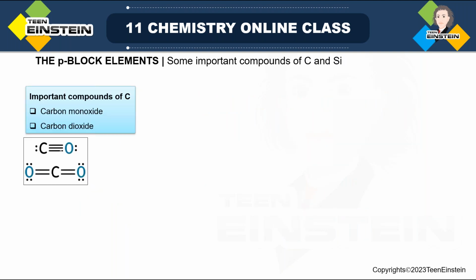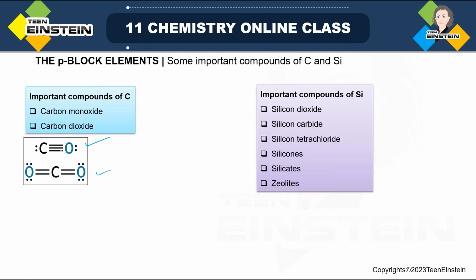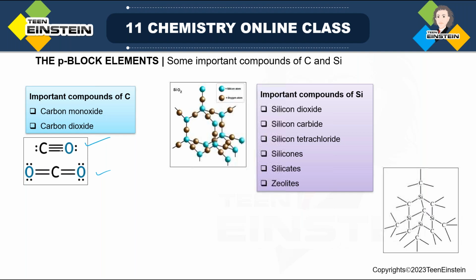Now we will start some important compounds of carbon and silicon. Under important compounds of carbon, we have two compounds. One is carbon monoxide, CO. Another one is CO2. And when it is silicon, there are actually many compounds that we are going to discuss. Silicon dioxide and silicon carbide, these two we have pictured here, though separate discussion will be there once we finish carbon monoxide and dioxide.